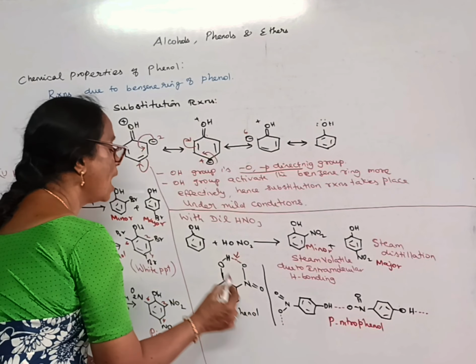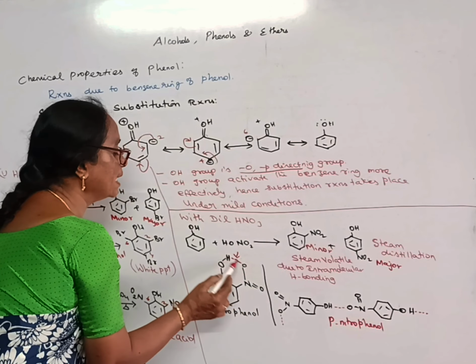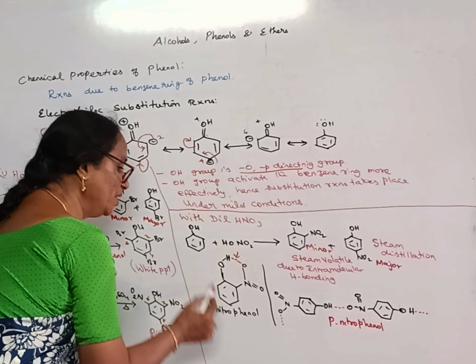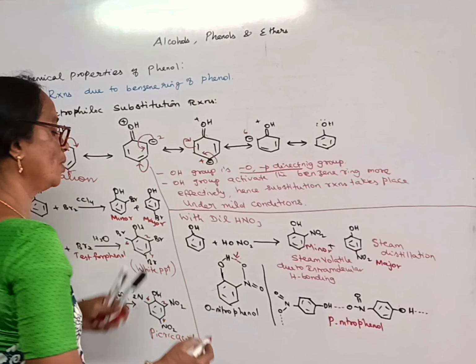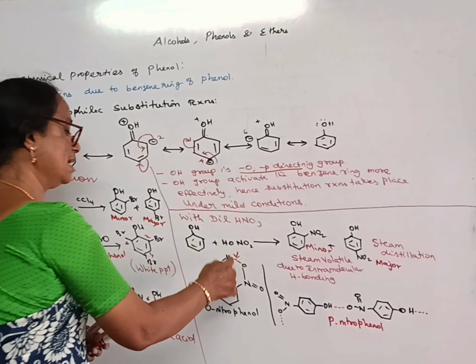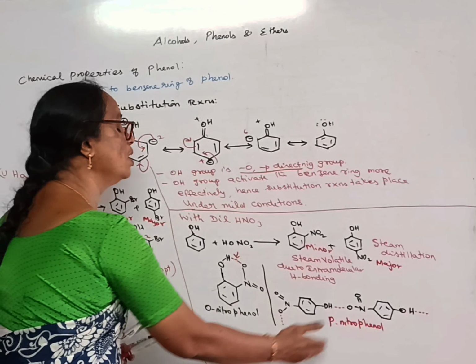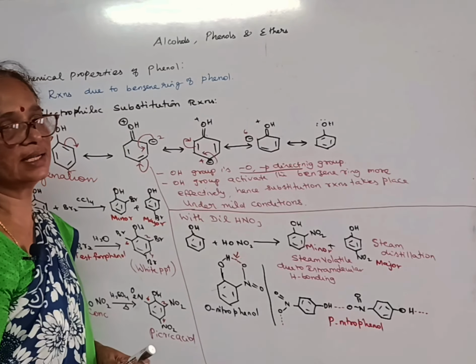So the hydrogen of OH and the oxygen of the NO2 group make a hydrogen bond within the molecule. That's why it is said to be intramolecular hydrogen bonding. This intramolecular hydrogen bonding is weak compared to intermolecular hydrogen bonding.